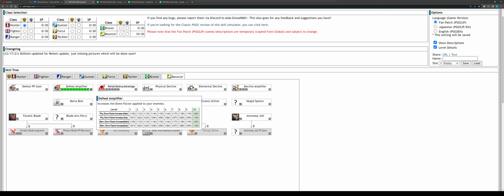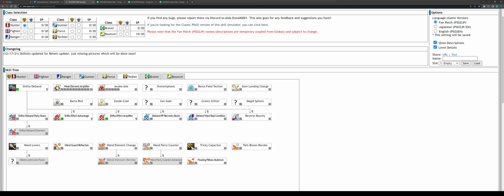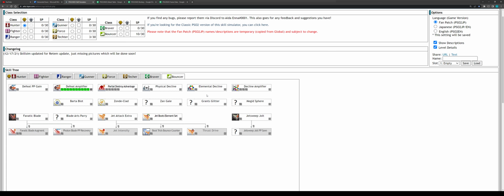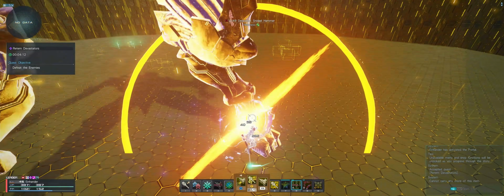Of course, as Techter, you would multiply the 5% by the 10% if Bouncer's your subclass. That's how it works, and you would effectively get roughly 16%. Now, of course, Bouncer has Physical and Elemental Decline Amplifier, increasing its down state even more, but essentially you get the difference of what's going on.